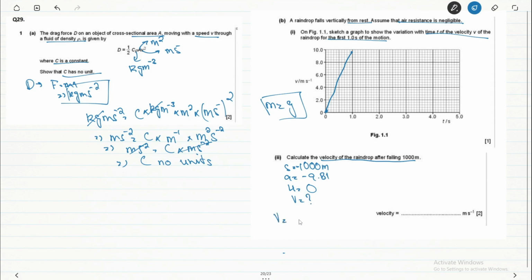U is 0, so 2 times negative 9.81 times negative 1000. These negatives cancel out nicely, so you have done everything correctly. This becomes about 140, so it rounds off to 140.